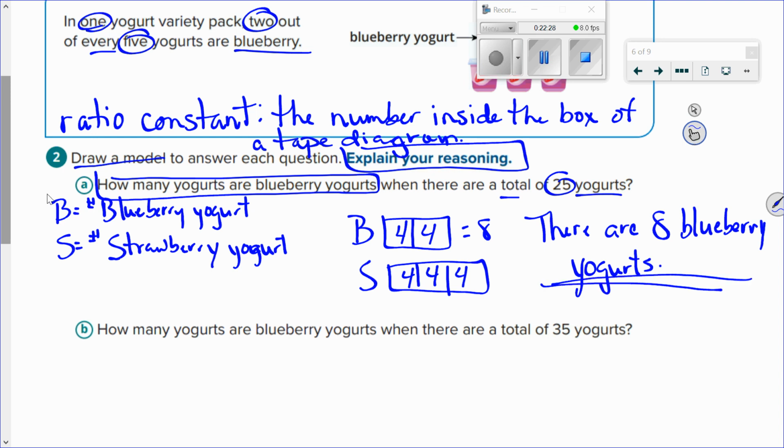Does this make sense to everyone? No. Thank you for being honest. Why not? Oh, good job. I was going on another one where it was 20. So what would I need to put inside for my ratio constant? 4. So if I put 4 in each box, I'm going to have to just redraw them.